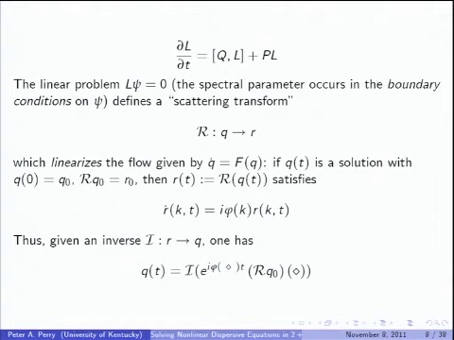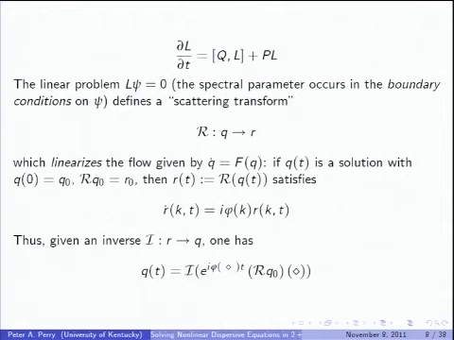That will define a scattering transform which takes q, and now here you should think of q as a function of space variables only, for the moment we're not introducing time, into something R, which is another function of 2 space variables, which is quote-unquote scattering data. And the very amazing fact is that this nonlinear mapping R from the potential to the scattering data, if applied to a solution of the equation, gives something R of t. So now R is a function of both a 2-dimensional space variable and time, and it's the scattering transform of q of t. And the point is that the evolution becomes linear.